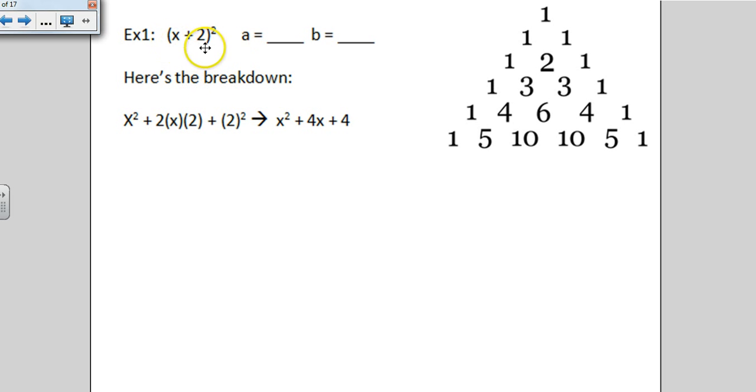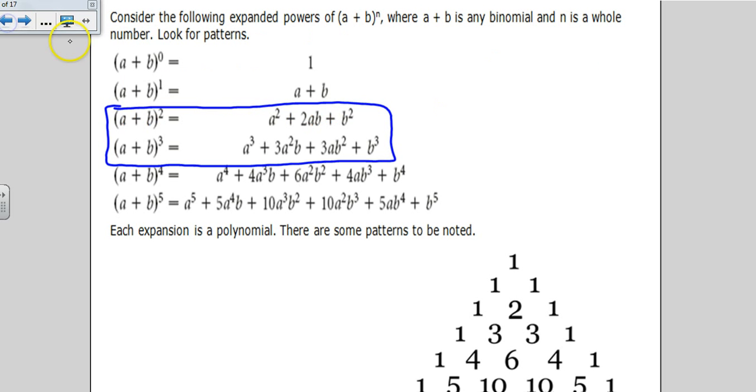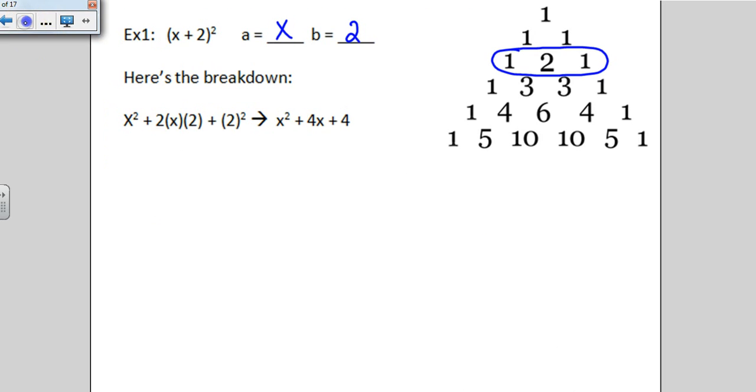First of all, in our case, a and b have now changed to an x and a positive 2. Because we had x plus 2 squared, this is a quadratic expansion, so we're looking at this row. And remember, on my last screen, it was a squared plus 2ab plus b squared.